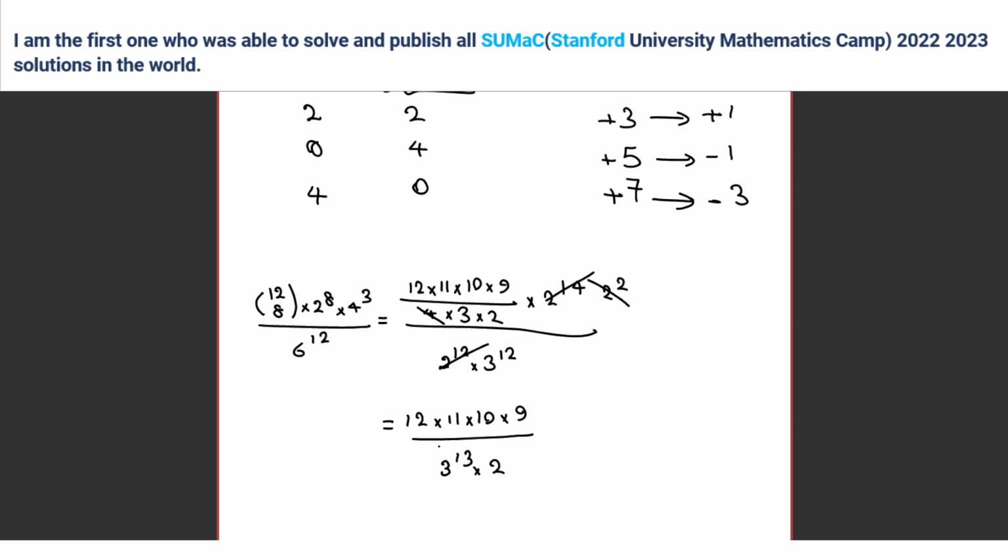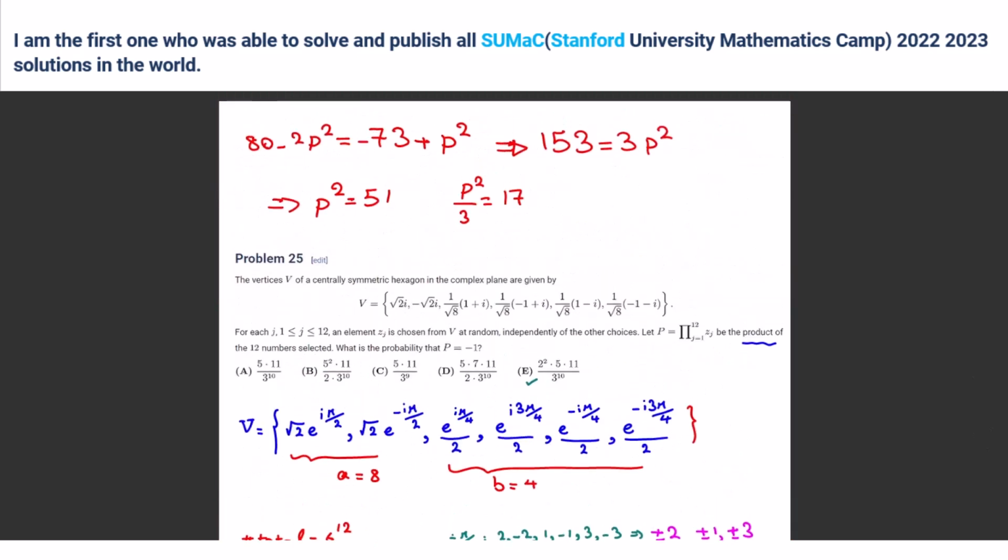Agreed? Mm-hmm. So we can cancel these 2, it will be 6. So 3 to the 10. Then 2 times 2 is 4 times 11 times 5, right? Yeah. 4 times 11 times 5 over 3 to the 10. Yes, good job, complete. Right.